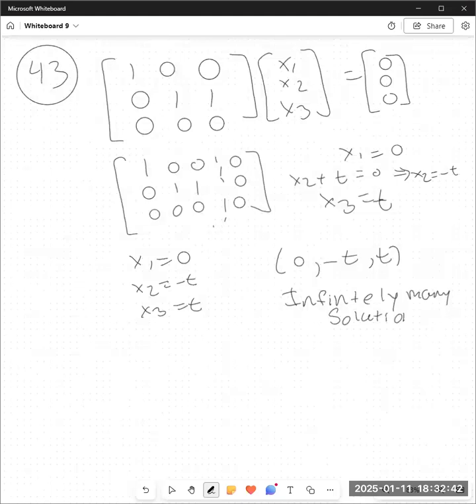Just pick any real number for t and generate a solution set from that.